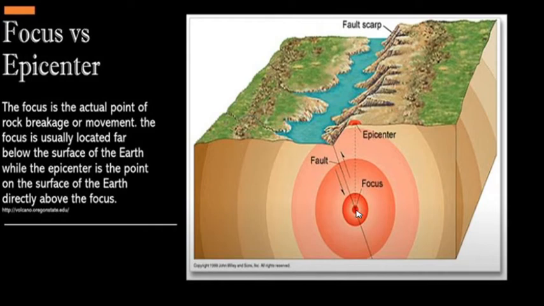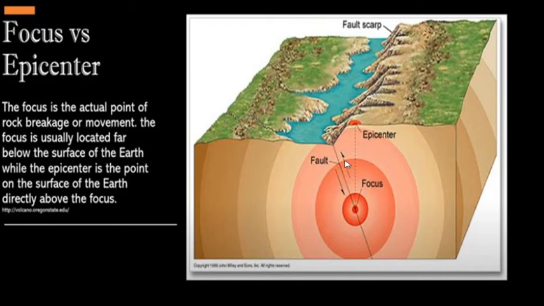And dito po nagsisimula yung tinatawag na fault. Nagkaroon po siya ng crack papunta sa surface of the Earth. Ang tawag po doon ay fault. Okay? Tapos, on the surface of the Earth, above the focus, is called the epicenter. Alright? Yun po ang pagkakaiba.